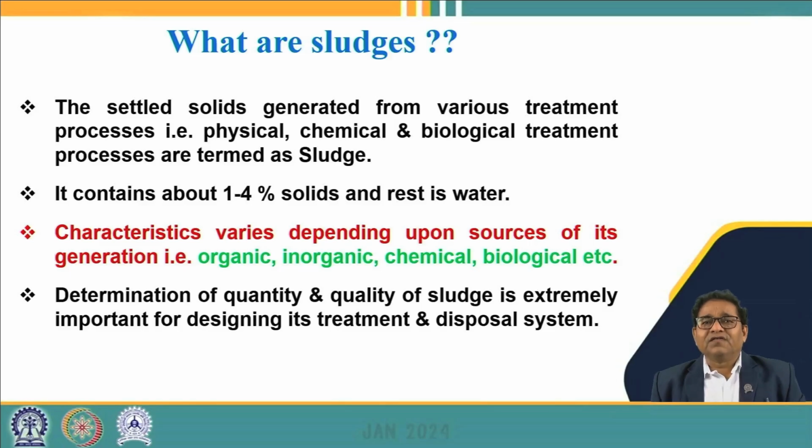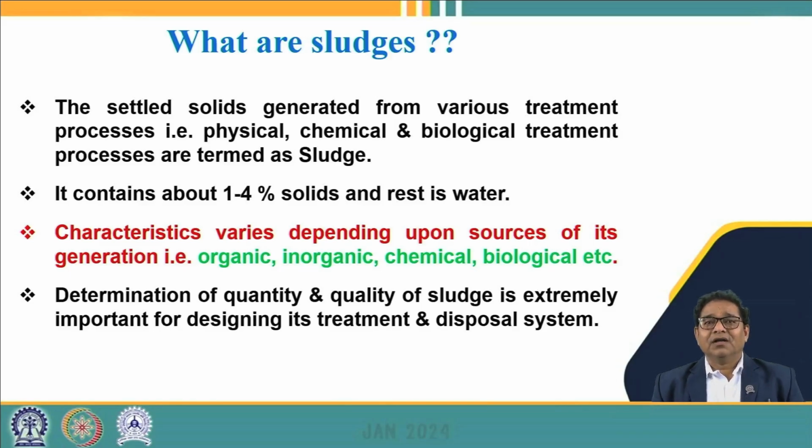Before this, let us talk about sludge. What is sludge? Basically, the settled solids generated from various treatment processes like physical, chemical and biological treatment processes are called sludge. It contains around 1 to 4% solids and the rest is water. The characteristics vary depending upon the source of generation.